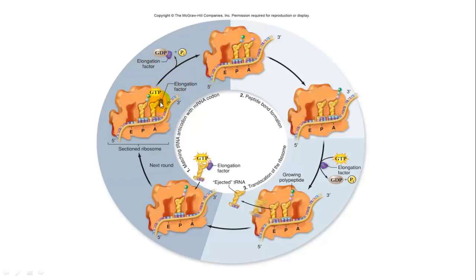The elongation factor is lost, and then the amino acid chain is transferred from the P site to the A site, and then it moves down, and the one that no longer has the amino acid chain goes to the E site, and then it exits out, and then another one can go in there.